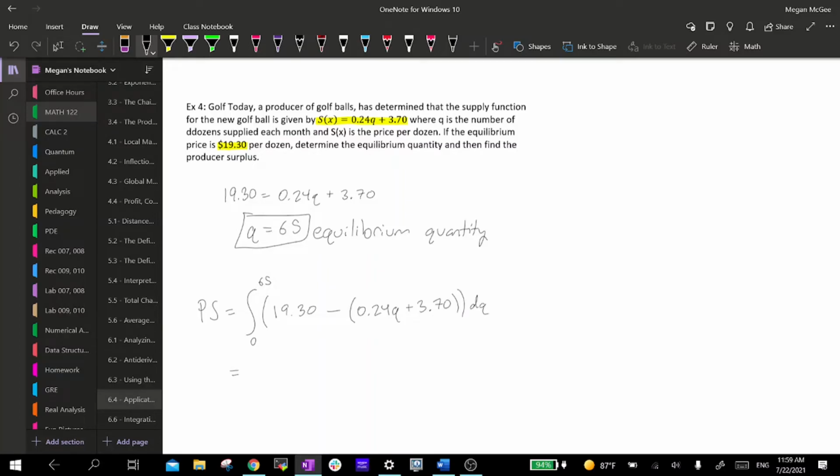All right, so let's go ahead and simplify inside of our integral.